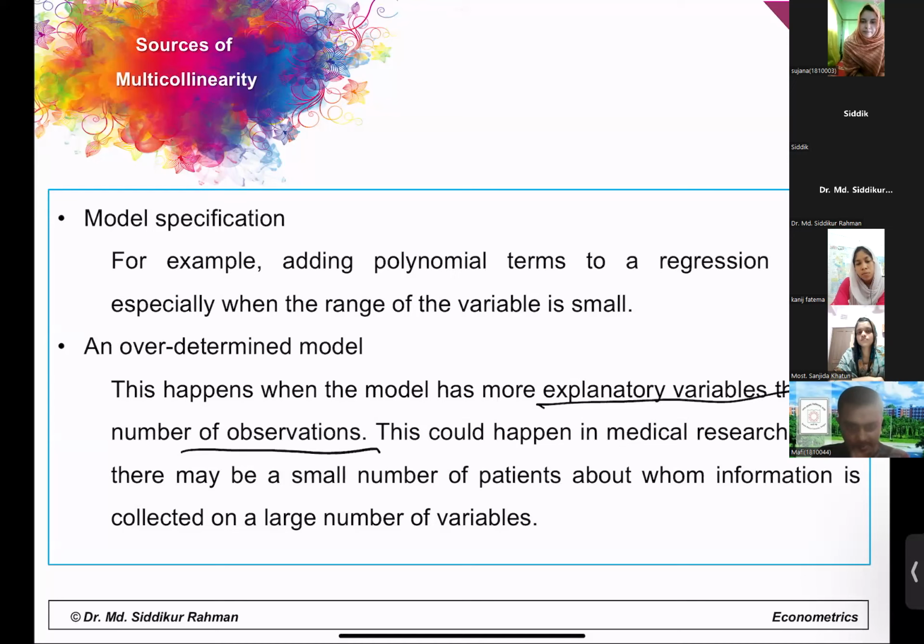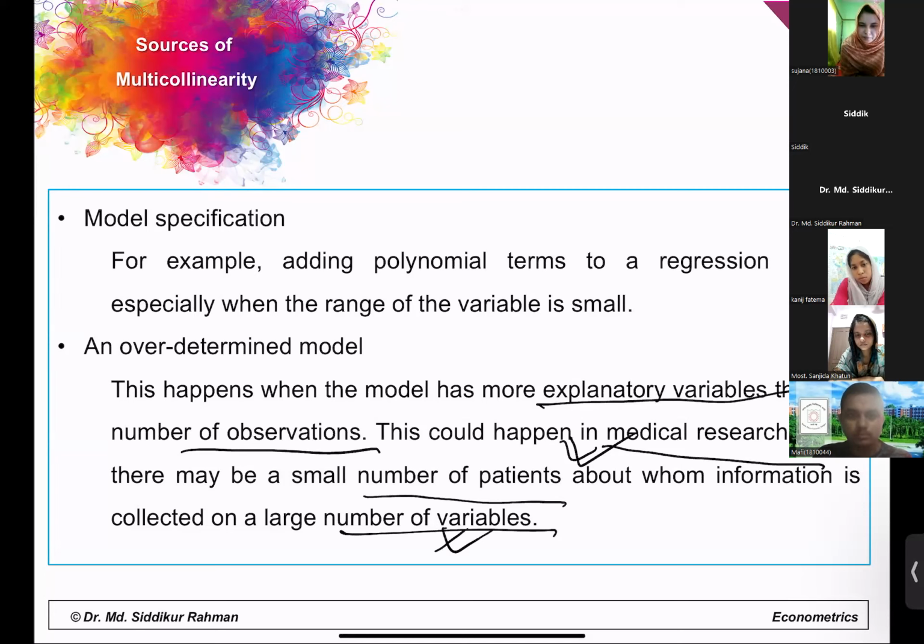Consider the last line. It's a very important example. In medical research, there may be a small number of patients about whom information is collected on a large number of variables. Clear? The number of patients is very low, but we can collect a lot of information from a lower number of patients.